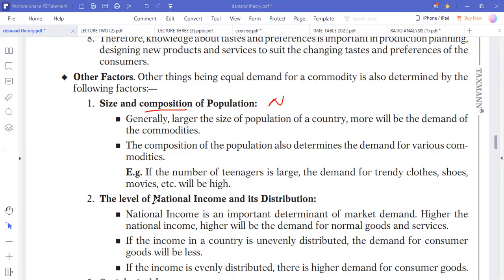Okay, great. Also, the level of income affects the demand for particular commodities. In high earning income areas, you'll discover that the demand for particular goods is high. All right.